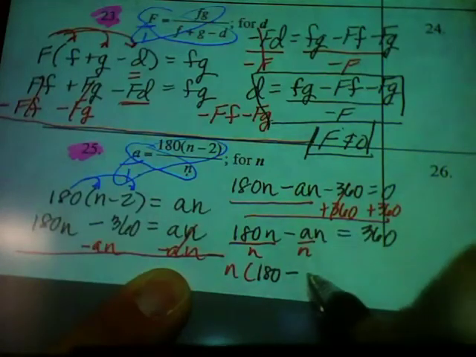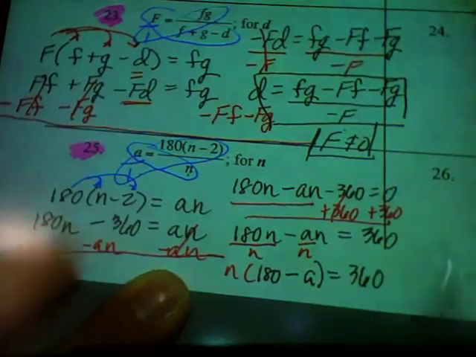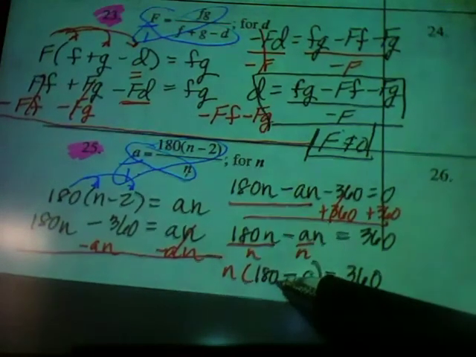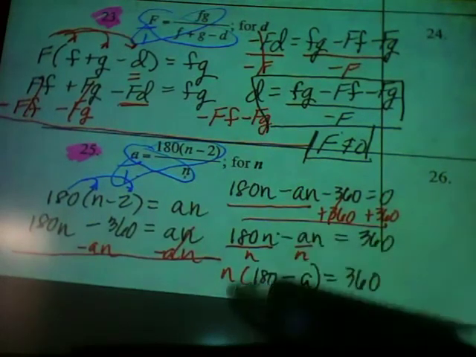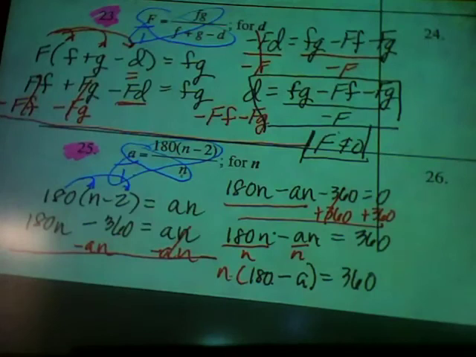The N's cancel, what do you get? A. Equals 360. Now don't I have the N out in front, it's no longer in prison? And just redistribute the N in your mind. I promise you, you get the same thing. What's N times 180? 180N. What's N times A? AN. So didn't that give us the same answer?